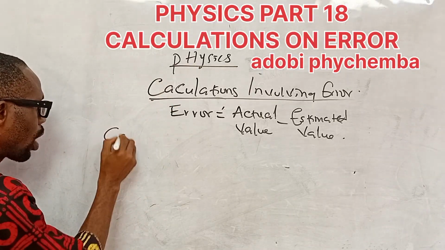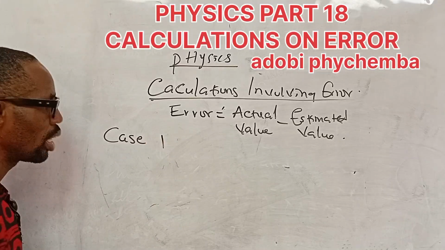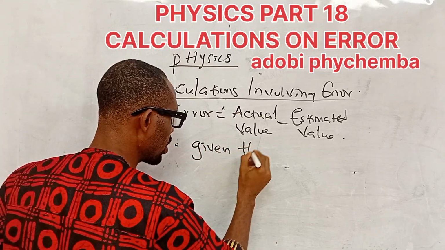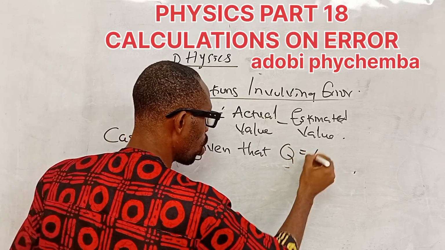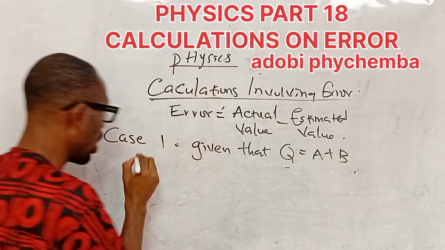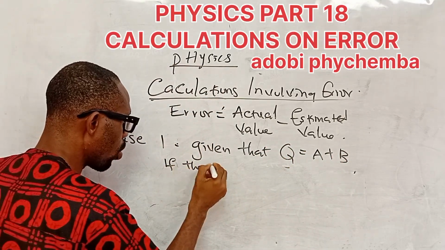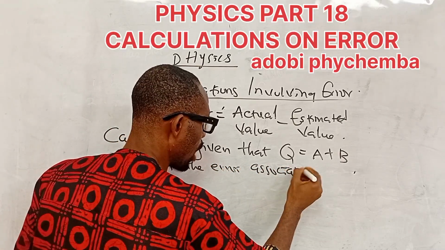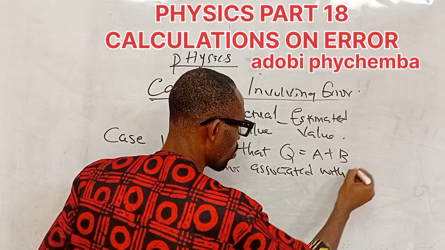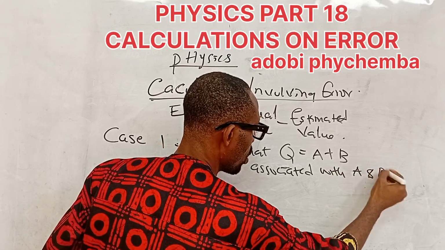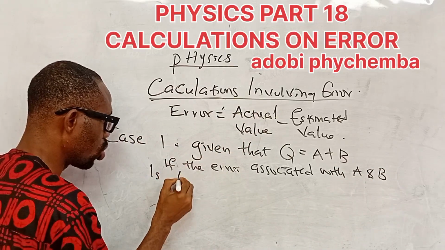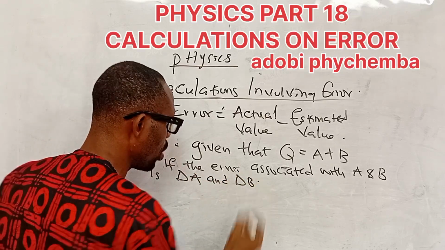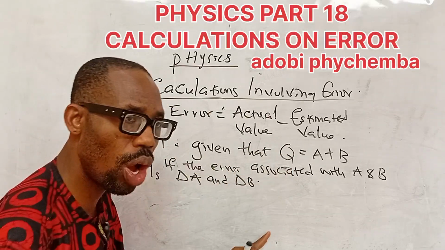Now let's look at case 1. In case 1, given that Q is equal to A plus B, if the error associated with A and B is change in A and change in B. So how do we go about this?